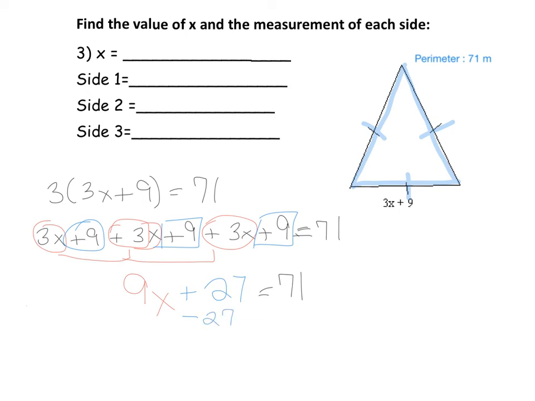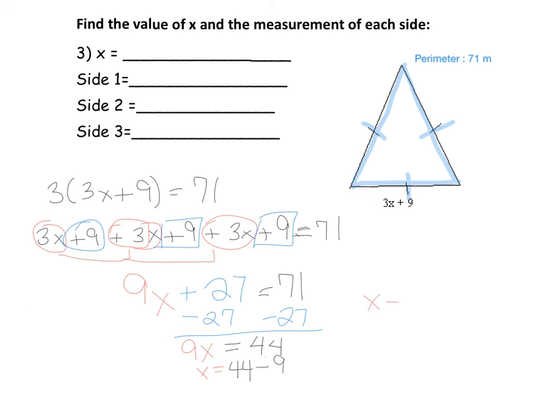Take away 27, and we get that 9x is equal to 44, which we then divide. 44 divided by 9.